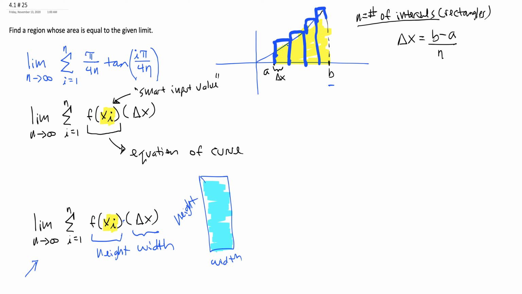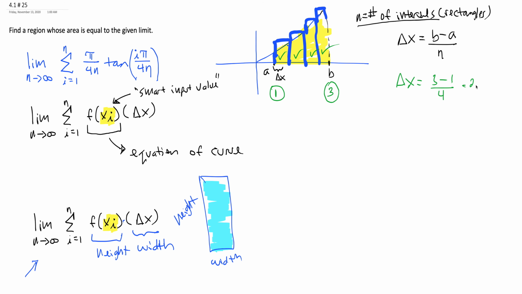Let's pretend like this low number here is 1, and let's pretend like our b value is 4. Or actually, let's make it 3. So if we use this equation for my example, then our b value, 3, minus our a value, 1, over 4 rectangles.